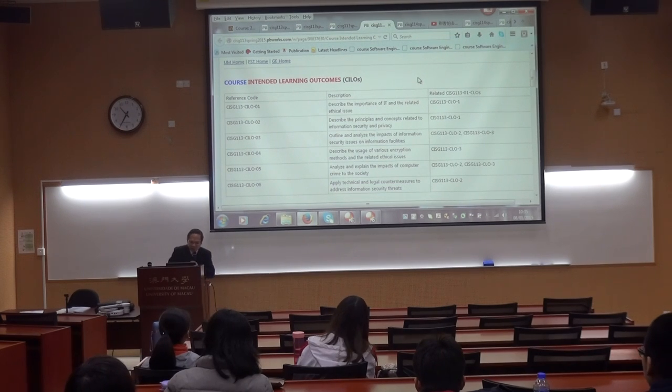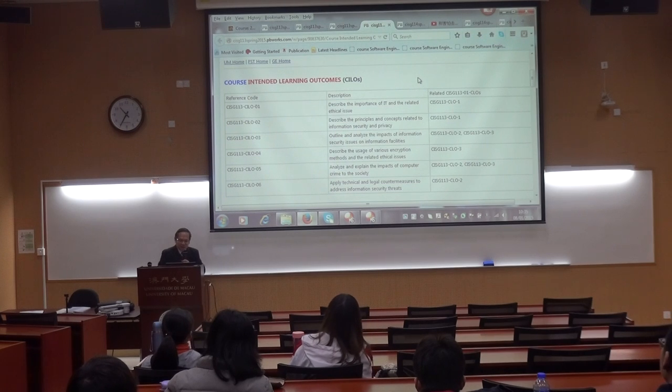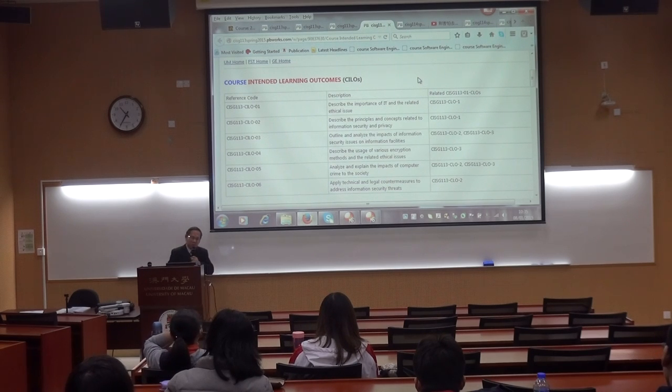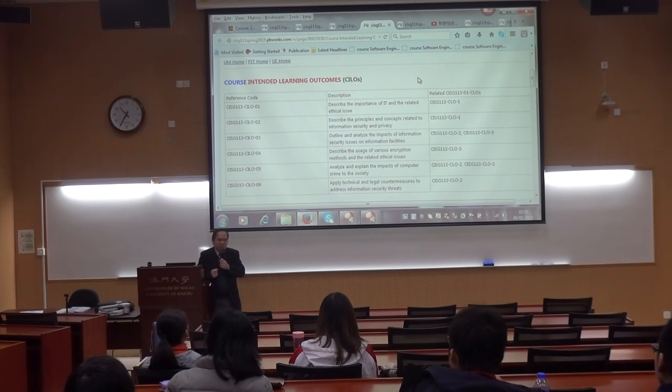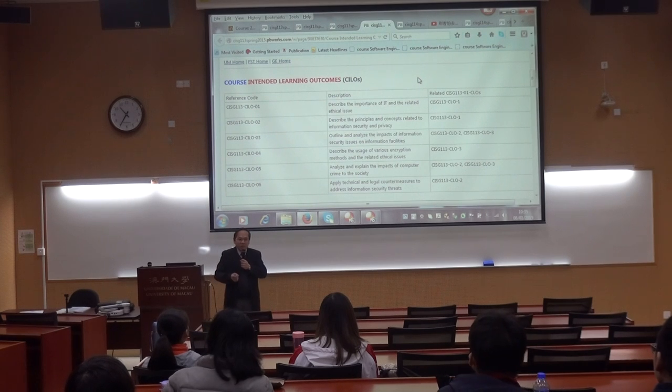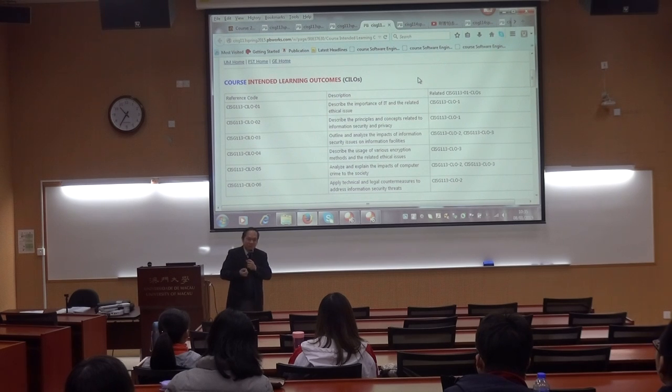So number 3 is to outline and analyze the impacts of information security issues of information facility. Now let me tell you what's meant by information facility. Your mobile phone is one information facility. Your email account is another information facility, because through that you're going to receive or transmit information.